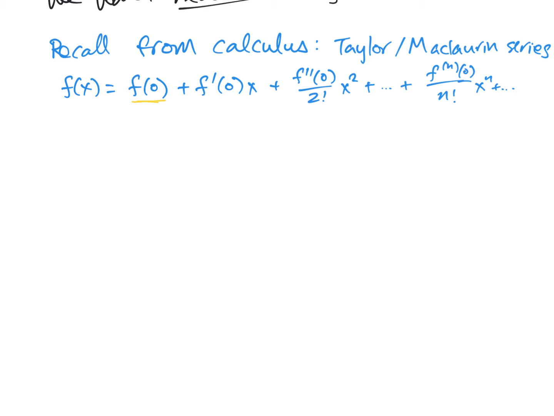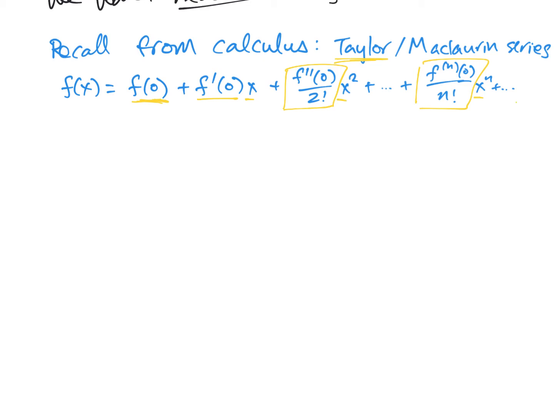A Maclaurin series could be centered somewhere else. We'll mostly focus on the Taylor series here. So you just evaluate your function at that center point at 0, and those are the constants, but then you get these powers of x to the n. What makes it a power series is that it's like an infinite polynomial. So this is a constant term, and then this is your x term, your x squared, and so on, x to the n, and it goes on forever.